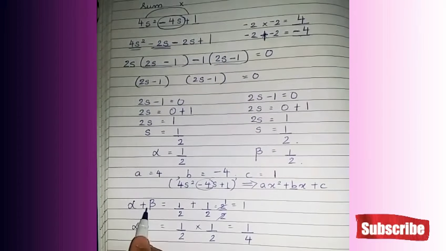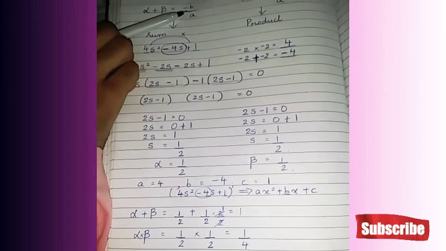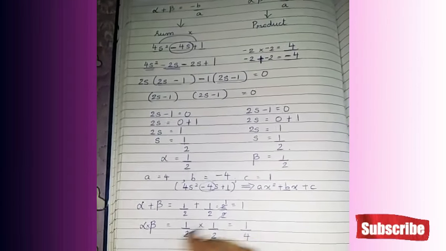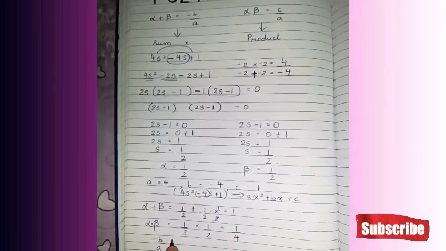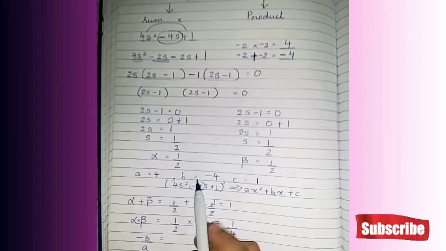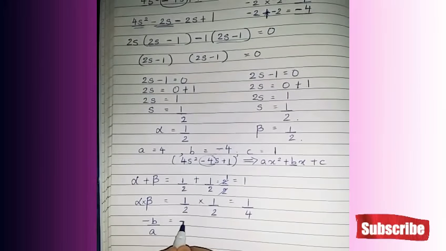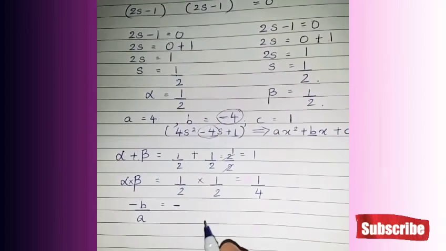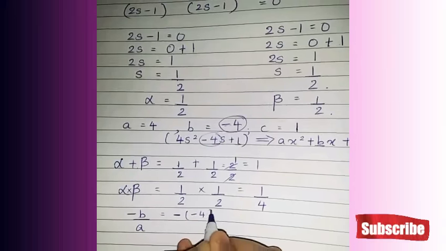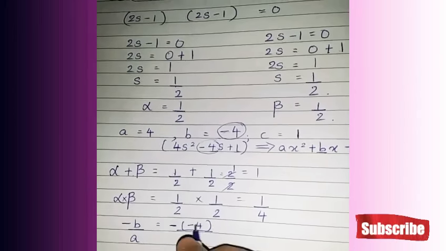Now alpha plus beta is minus b by a, so minus b by a. Here b is minus 4, and this sign is also there, so first put this sign, then minus 4, and a is also 4.